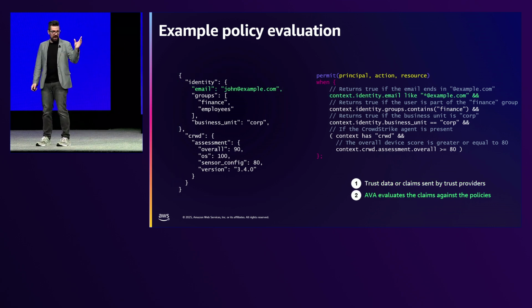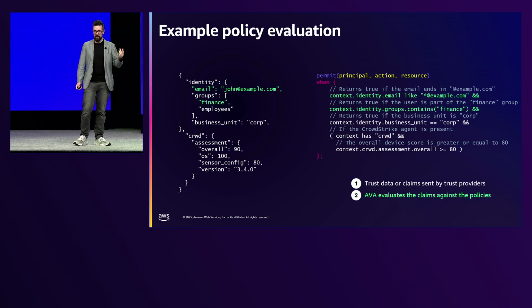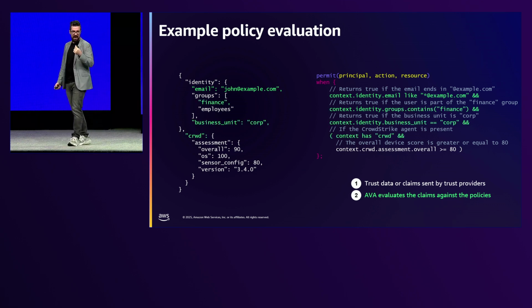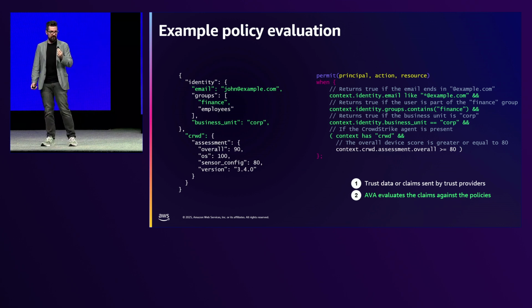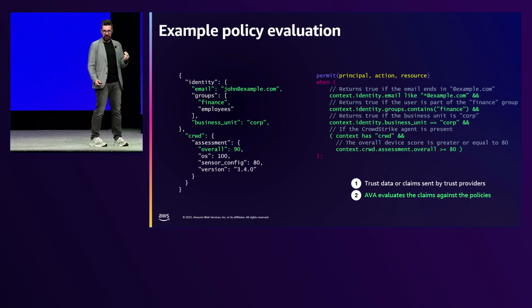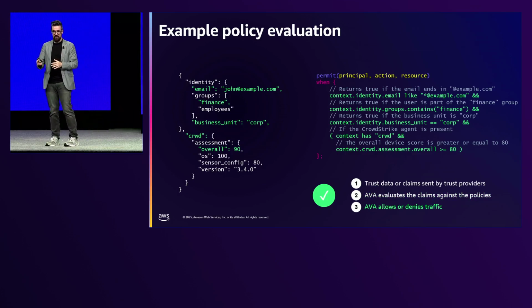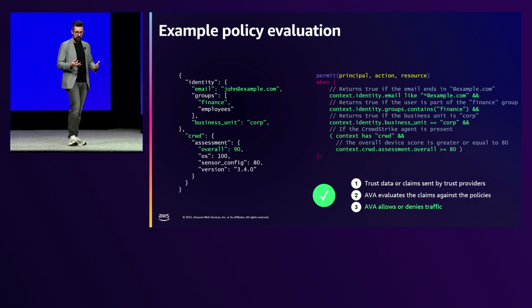AVA is going to go through and evaluate this claim against the policy that I've set up here. I'm not going to go through it line by line, but you can see as we go through, every line is going to be evaluated against the information that was provided in our trust claim. And if it's all good, AVA allows the traffic to pass through. In this case, the claim meets the policy requirements, so we're good to go.